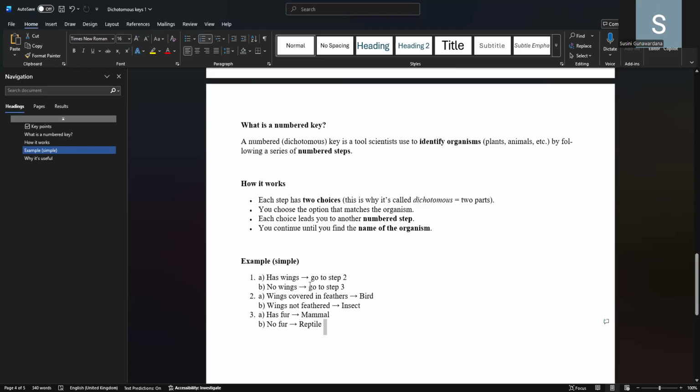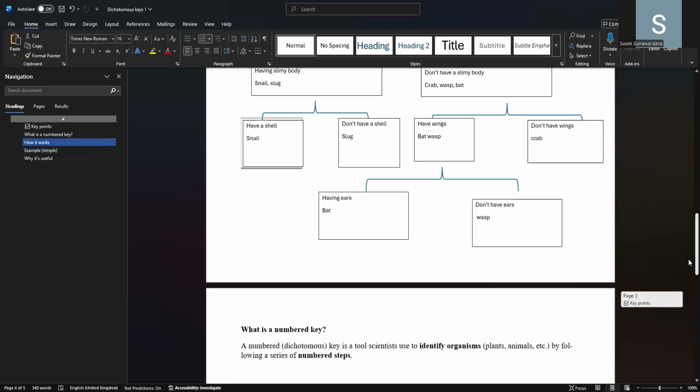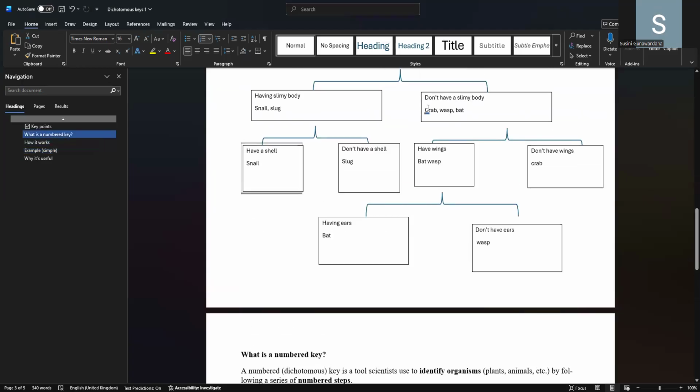Here, they have mentioned go to step 2, go to step 3, right? It means if there is more than one animal, we are not going to write their names as in the spider key. Even if there are two animals, in the spider key we wrote all the names of the animals. But in numbered keys, if there is more than one animal, we are not going to write their names, we write a number.